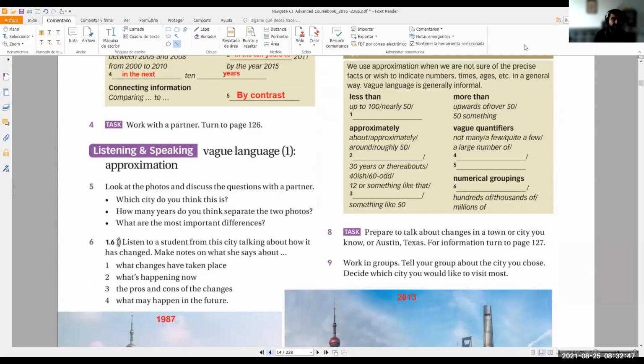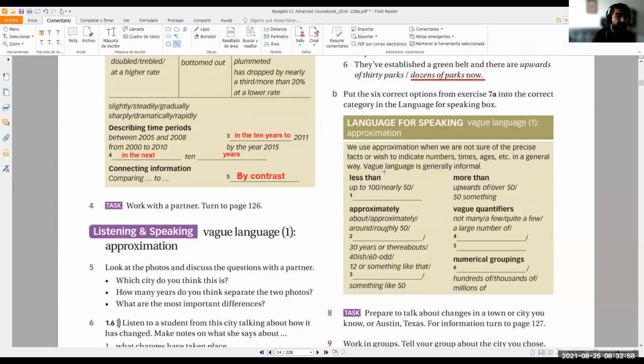So we said that let's start by reading the description because Johanna made a very important question. So I believe it's important to keep it in mind. So it says that we use approximation when we are not sure of the precise facts or wish to indicate numbers, times, ages, etc. in a general way. So vague language is generally informal. So she asked me about what vague language would actually mean.